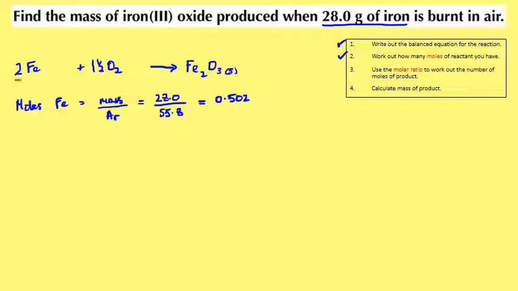So we start with 2 moles of iron, and we get 1 mole of iron 3 oxide. So the molar ratio is 2 to 1. That means, switching back to blue, that moles of iron 3 oxide is going to be half of the moles of iron.